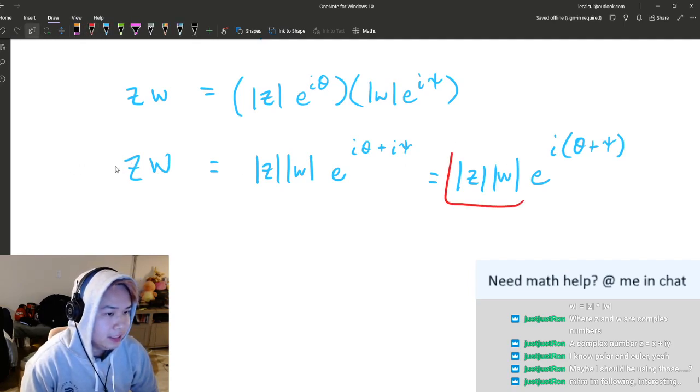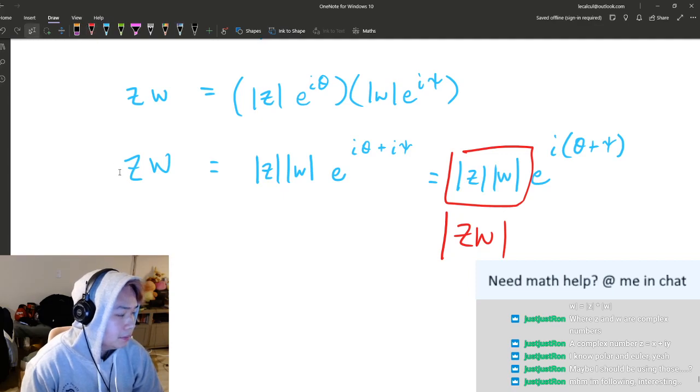The coefficient here, whatever it is, is the magnitude of zw. And this has to be this. And then also the argument of their product is just adding their arguments together.